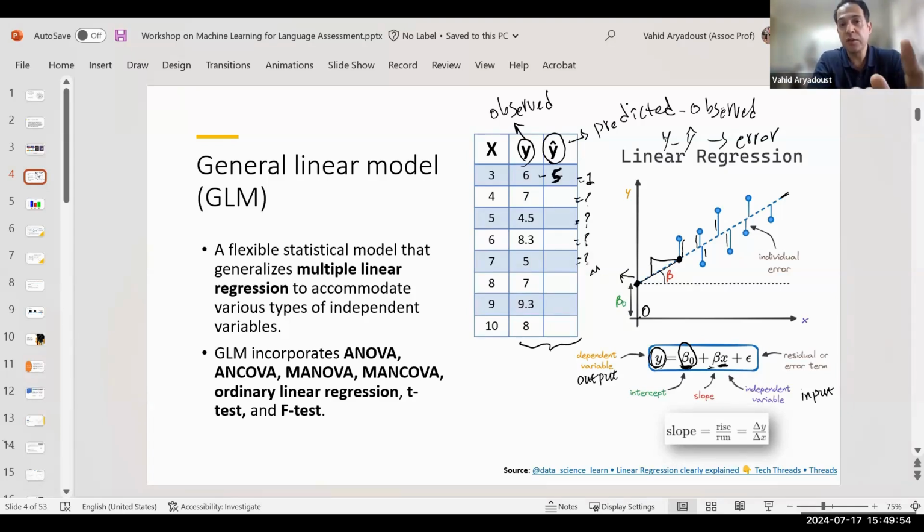So in the end, we can add up these errors. Of course, we have to square them, because some of these errors are negative, some of them are positive, and in very basic mathematics, if you add up positive and negative values, they cancel each other out, and we don't want these guys to cancel each other out. So we need to square them, and then we add them up.